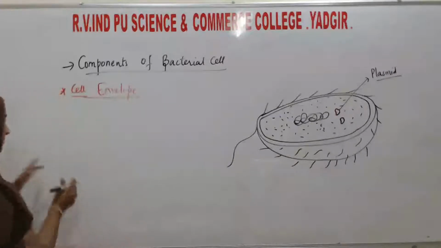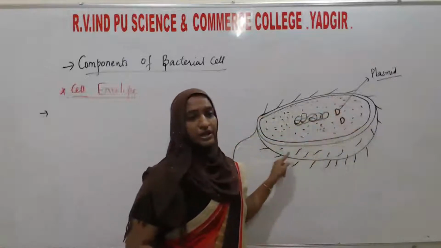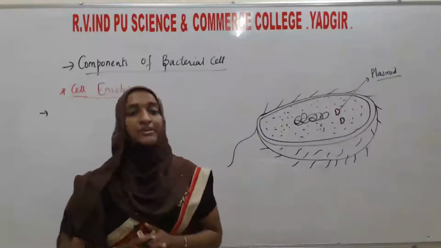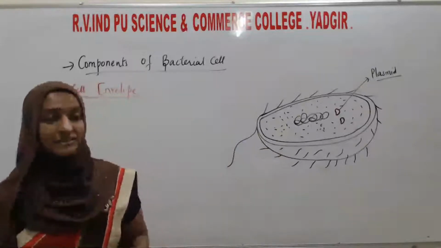Whatever the surrounding structure of the prokaryotic or bacterial cell is, it is made up of some chemicals. That's why we call it a chemically complex structure.